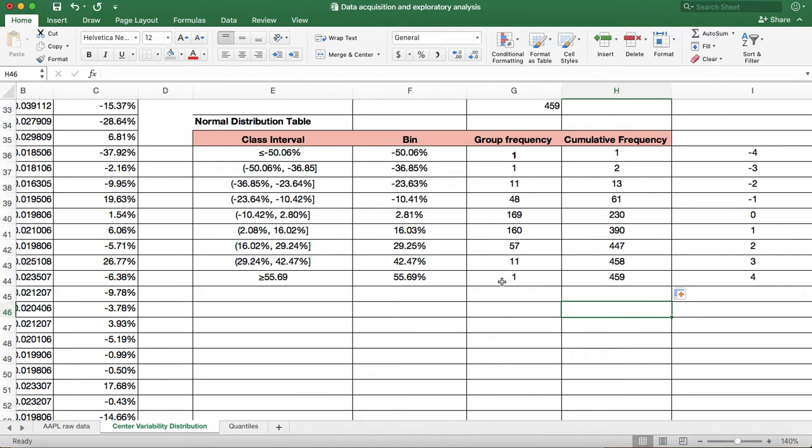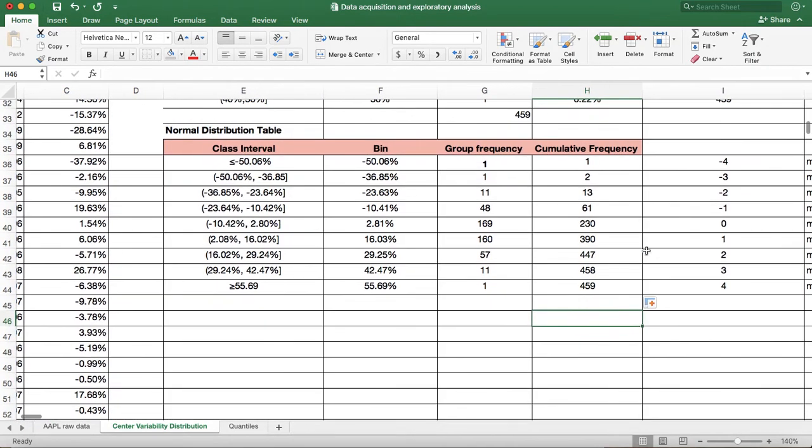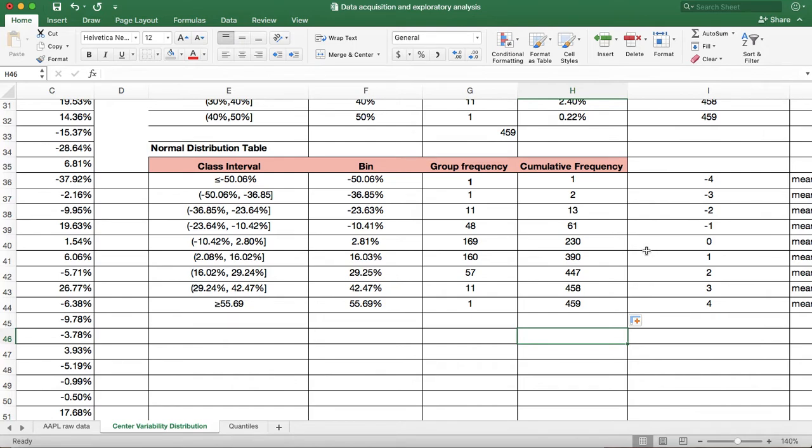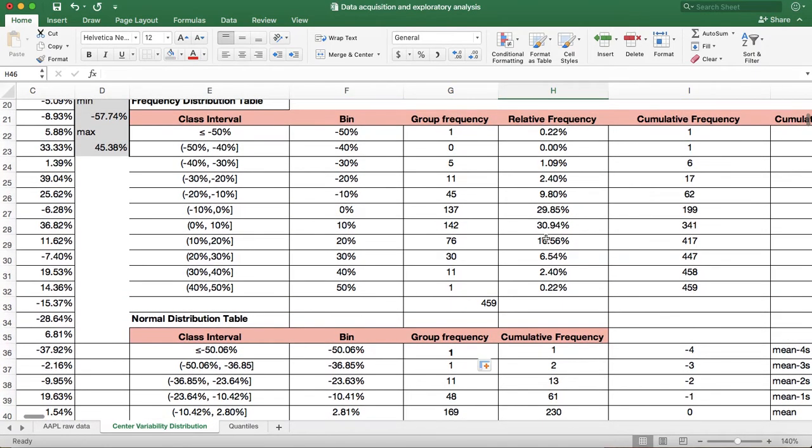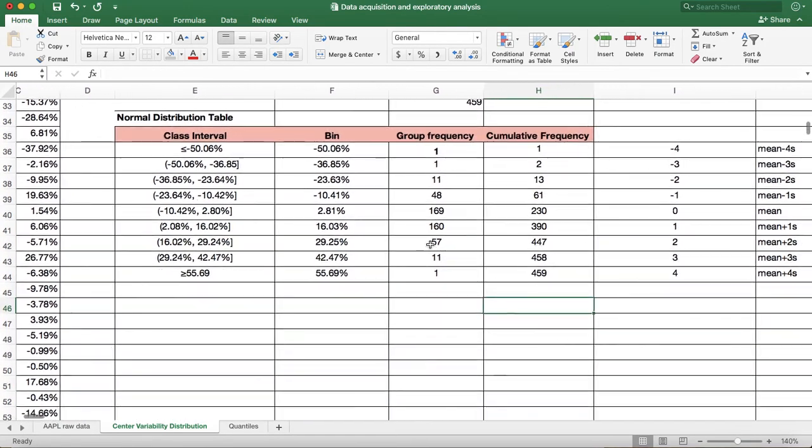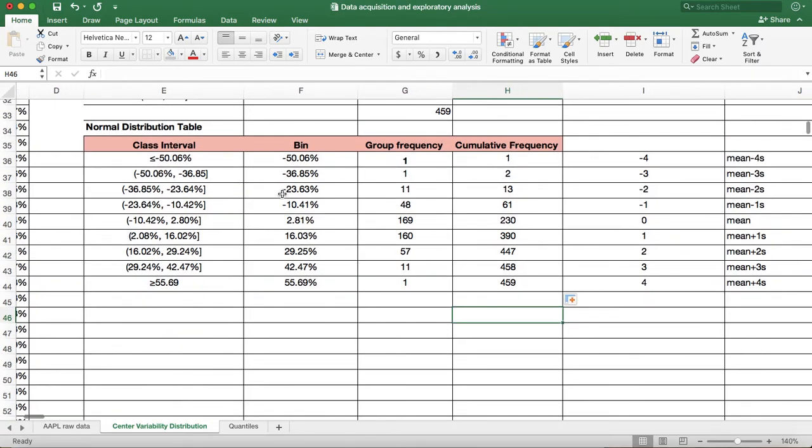And now we understand the normal distribution, actually just a different way, a different thinking or idea to group the data. Conventionally, we group the data in this kind of data set where the increment is 10%, but the other way to do that is we group the data by the mean and the standard deviation.